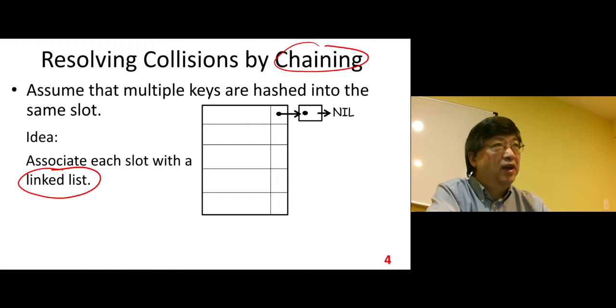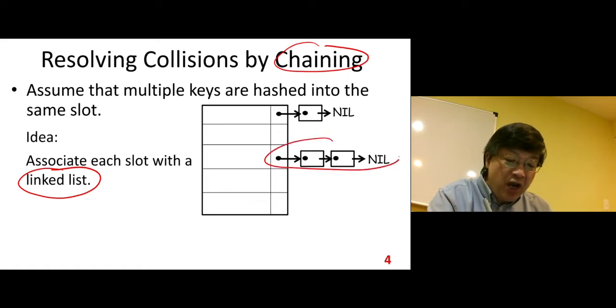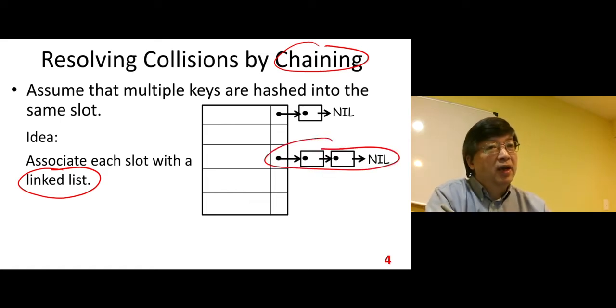For example, like this. There is a linked list, so you have a chain. When you use a linked list, you have a chain. Sometimes the chain could be quite long. When you have that situation, your search performance will be very bad.